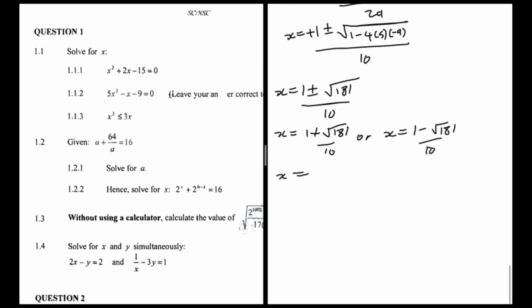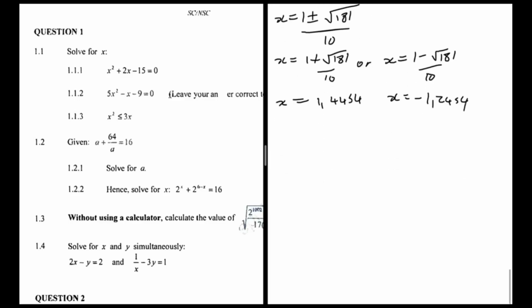So x will be equal to, again, just running it into my calculator and putting it in, I'm getting 1.4454, or x being equal to minus 1.2454, and then you get your marks.